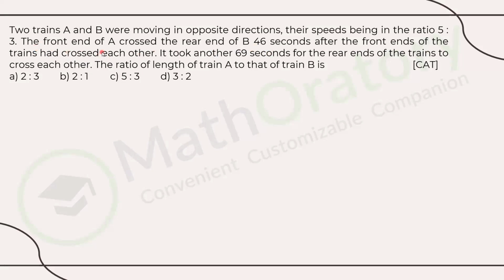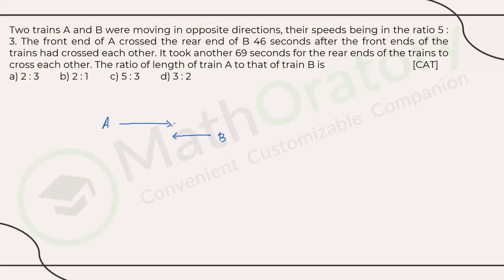So front end of A crossed the rear end of B 46 seconds after the front ends of the trains had crossed each other. So what does it mean? Suppose this is train A and this is train B. There was a point of time when the front ends just crossed each other, right?